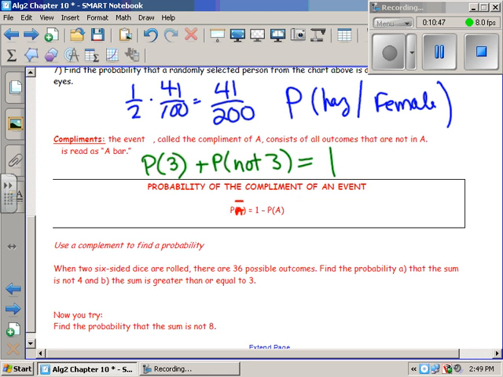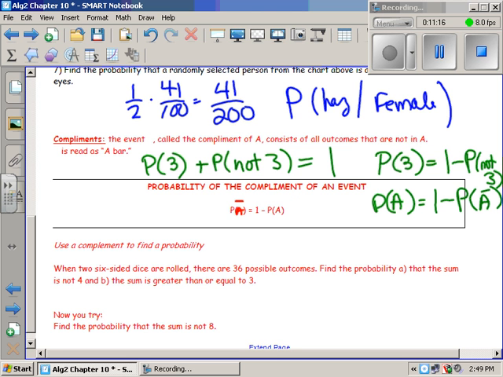So if I rearrange that a little bit, the probability of rolling a 3 is equal to 1 minus the probability of not rolling a 3. Right? So we call not rolling a 3 the complement. So this is the probability of A, and it's equal to 1 minus the probability of A bar, its complement.